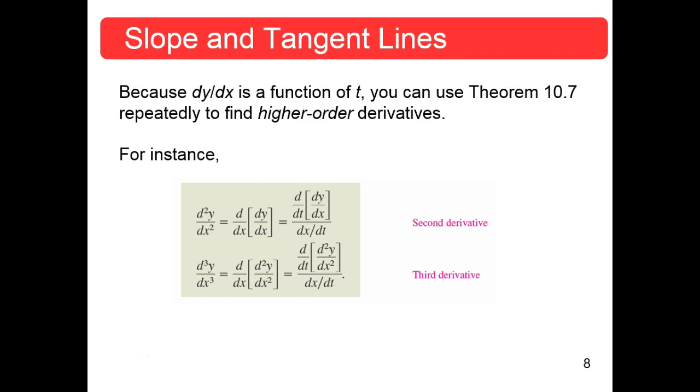Okay. Now, because dy/dt is a function of t, dy/dx is a function of t, you can use theorem 10.7 repeatedly to find higher order derivatives. They just get a little messier is all, okay? d2y/dx squared would be d/dx of dy/dx. Well, they're skipping a lot of steps here.